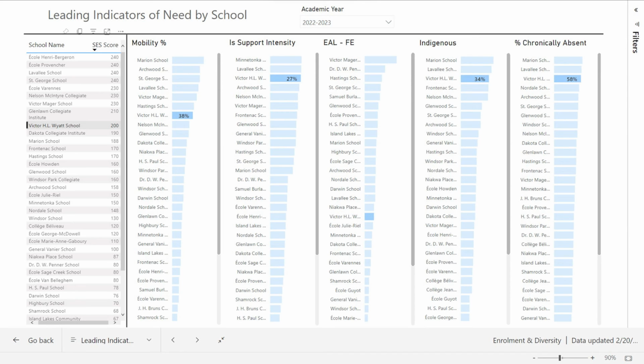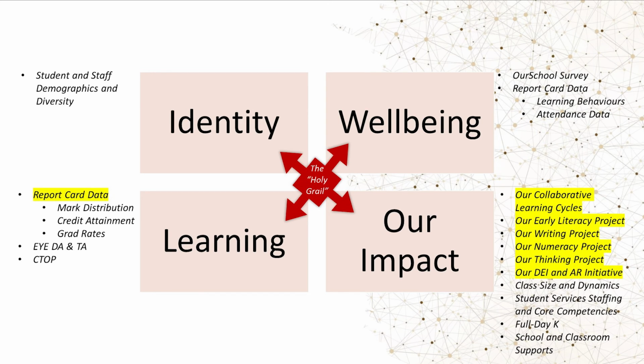It's about understanding in each of our schools the dynamics at play that are ever-changing, to understand, for us as a senior leadership team, along with our trustees, checking in, as they should, in their governance role, ensuring that with the finite resources we have, those resources are being provided to schools in an equity-based way.